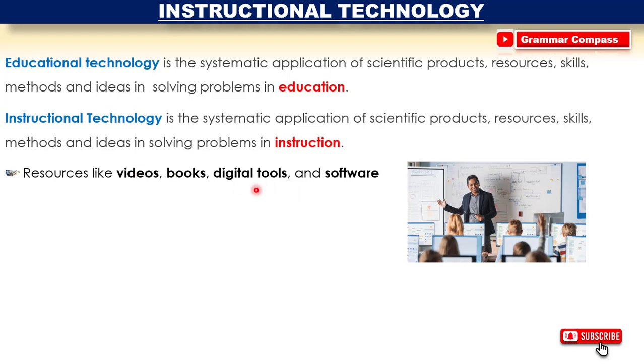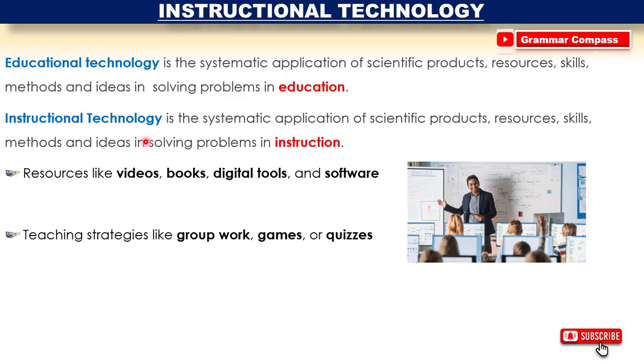Apart from using these tools, instructional technology also implies using teaching strategies like group work, games, or quizzes to facilitate teaching and learning in the classroom. Instructional technology is not just about using the tools. It is also about applying the skills, methods, and ideas.